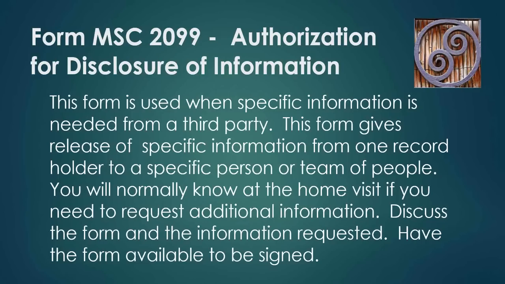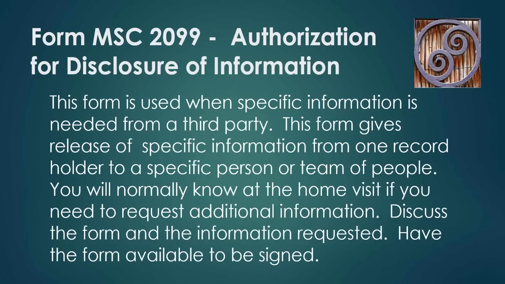You have to be very specific about what information you want. So if you want medical information, you want to be specific that you want documentation of a medical diagnosis, or you want doctor's notes from the last 2 months. It just has to be specific.